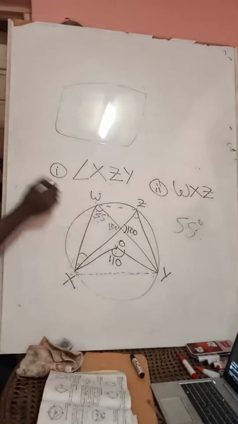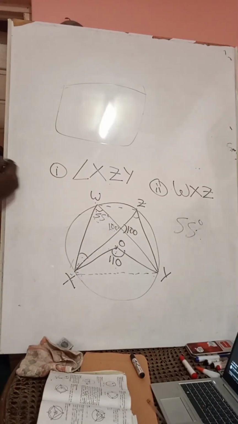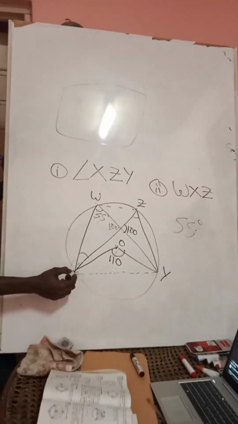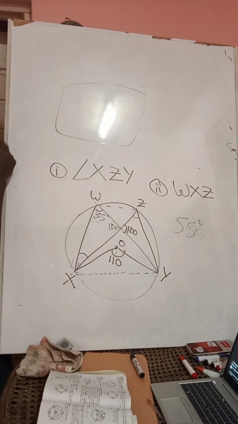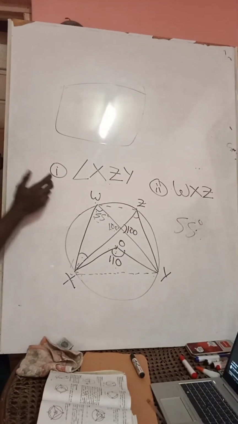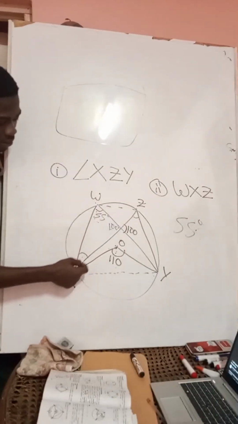When you draw a chord here, you will see that this one is a triangle, right? Let me erase this one, or let it be there. This one will be another chord, and this is another triangle.